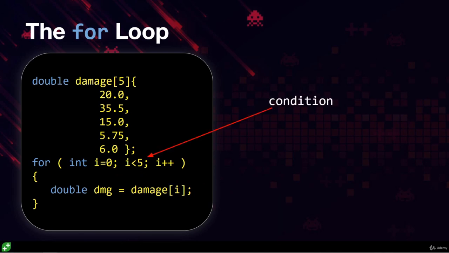The next statement is our loop condition. We use the Boolean expression i is less than 5. So each time we evaluate this Boolean expression, if i is less than 5 evaluates to true, we will execute the loop body again. The third statement in the parentheses is the update. Here we're increasing i by 1. Notice there is no semicolon on the update.